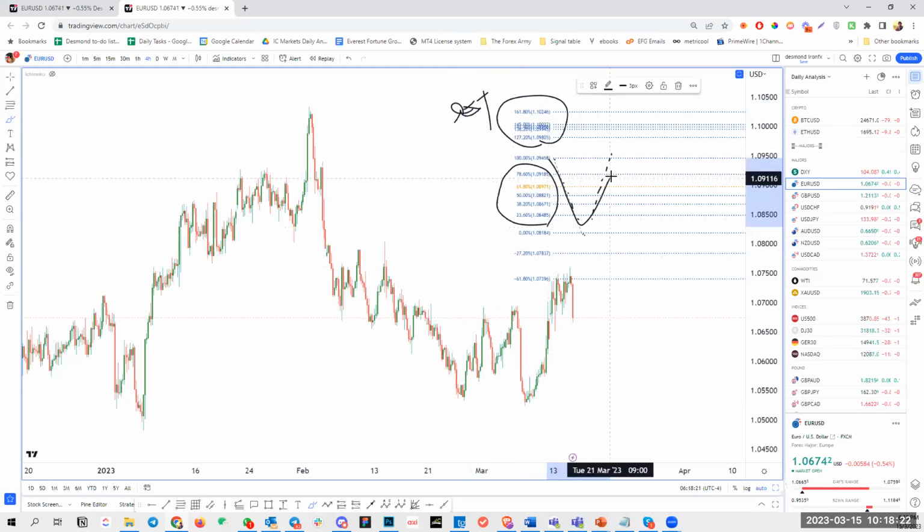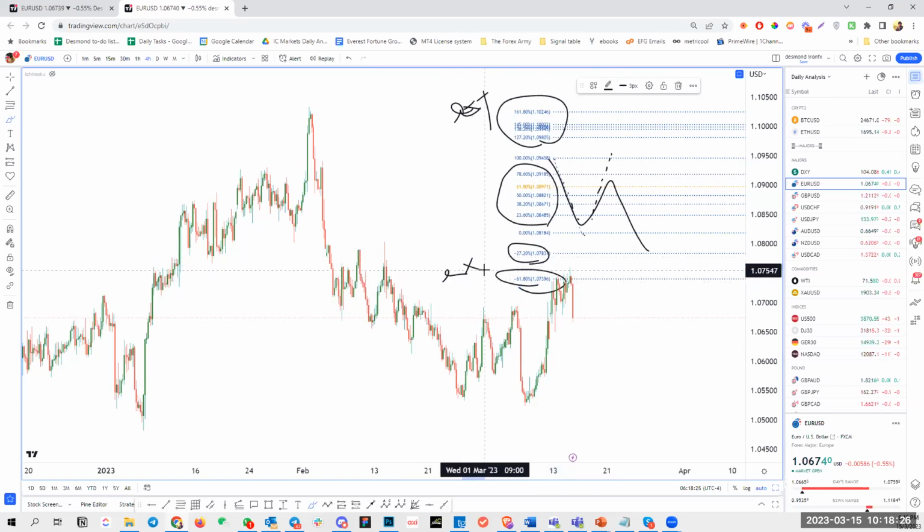And if it comes further down, this is what we call Fibonacci expansion. These are the three types of Fibonacci: the retracement, the extension, and the expansion. These three will unlock a lot of the key secrets of how you can call reversals. Okay, let's take a look at some examples.